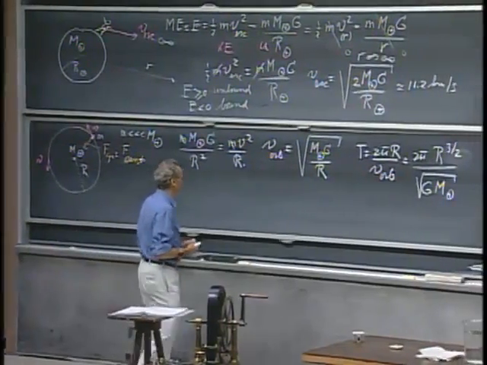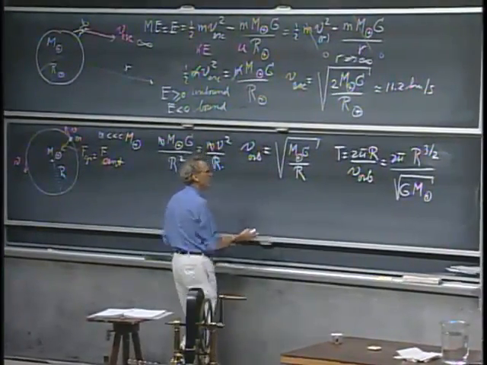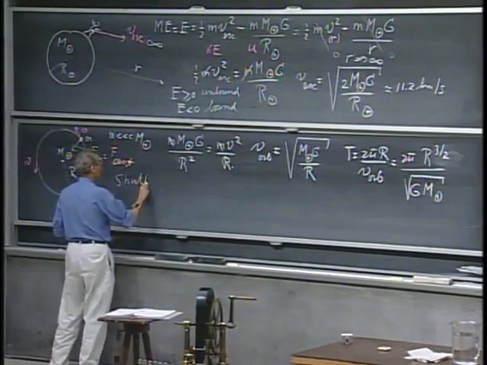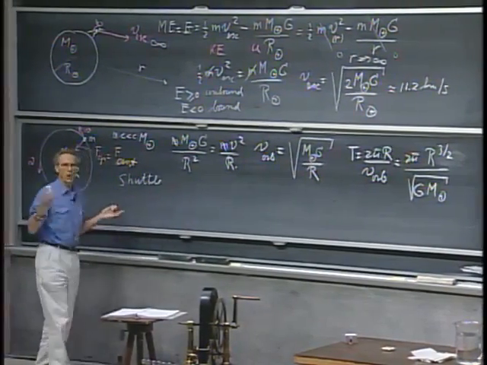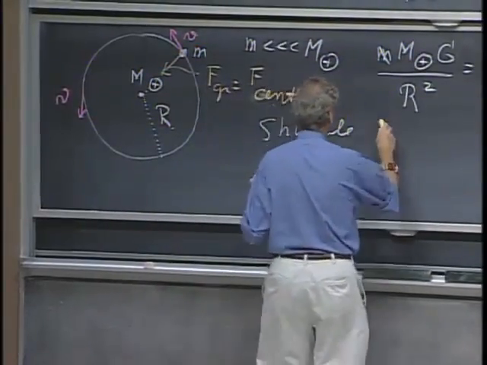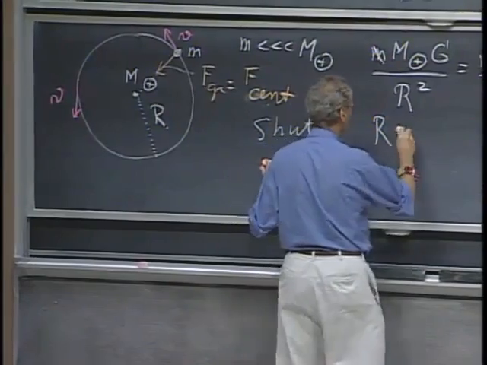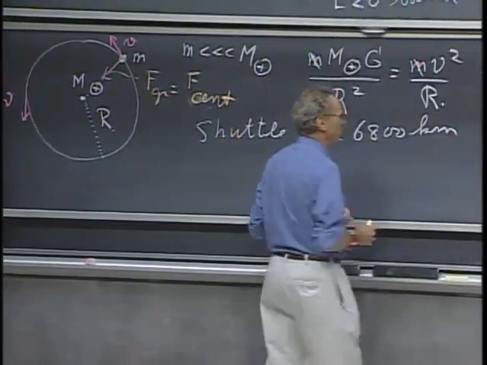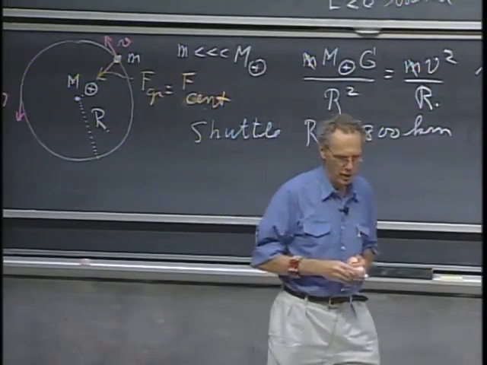If we take the shuttle as an example of a near-Earth orbit, the shuttle may be 400 kilometers above the Earth's surface, so we have to add to the radius of the Earth 400 kilometers, and you end up with about 6,800 kilometers for the radius of the orbit of the shuttle.